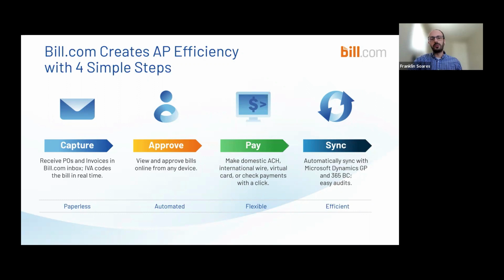So what we have is we have a direct integration for Great Plains and Business Central, and we'll sync over the information for you. So if there's a new bill, we'll sync it in, new payment, we'll sync it into Dynamics. If you create a new vendor, the sync actually supports creating a new vendor in Bill.com, pushes it into Dynamics. So no imports that you have to do or downloads.